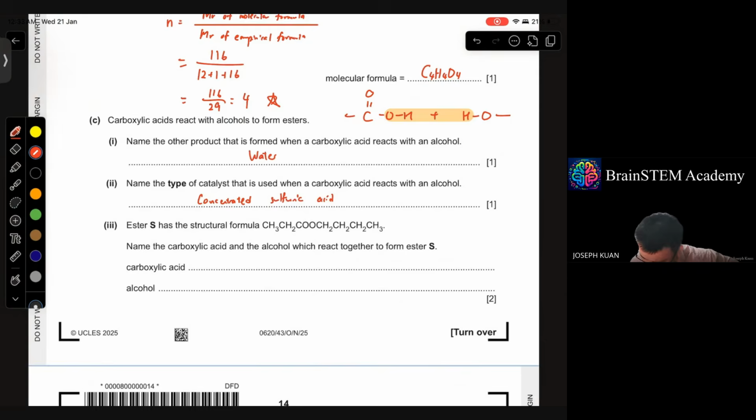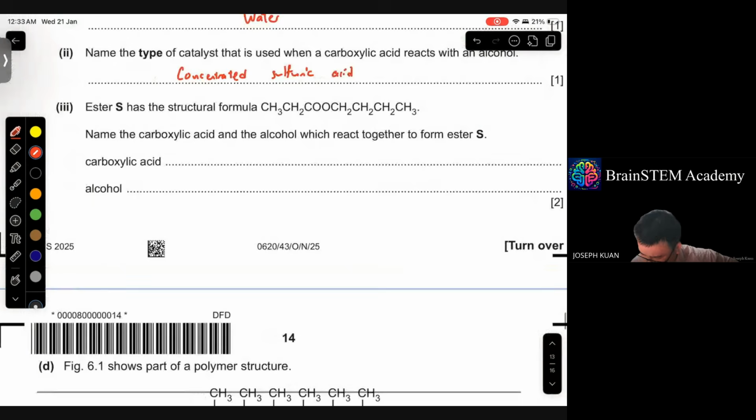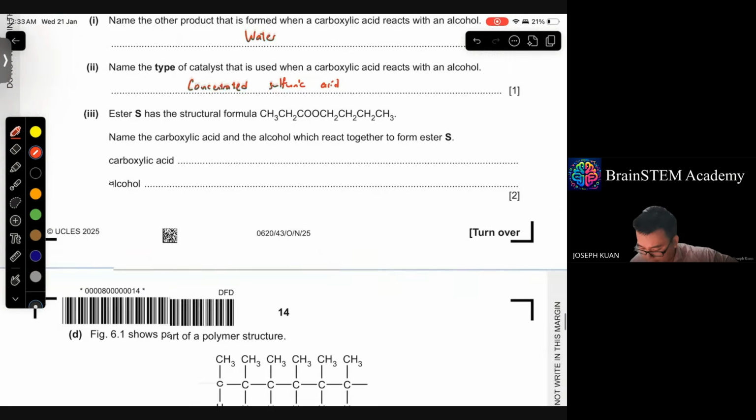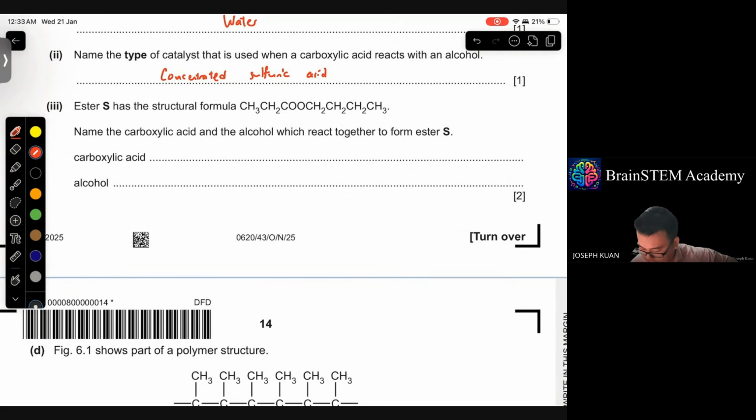Then we have this ester S that has this structural formula. To figure out what carboxylic acid and alcohol can react together to form this ester, we can just cut this ester in half, at the ester linkage. Some teachers will ask you to cut here, some teachers will ask you to cut here. Actually, for IGCSE level, it doesn't matter. The next thing is you have to recognize the components.